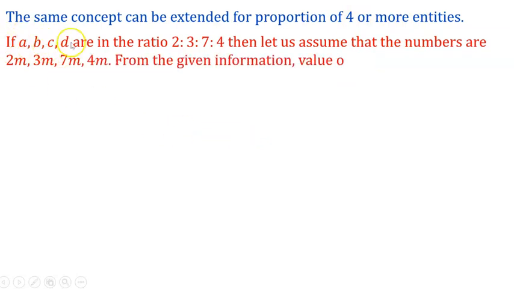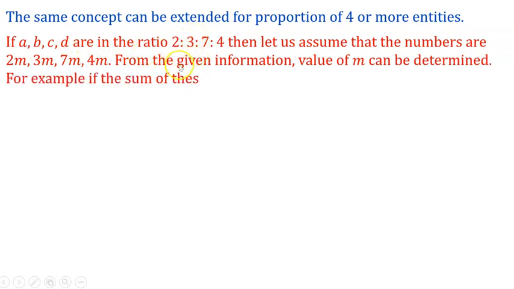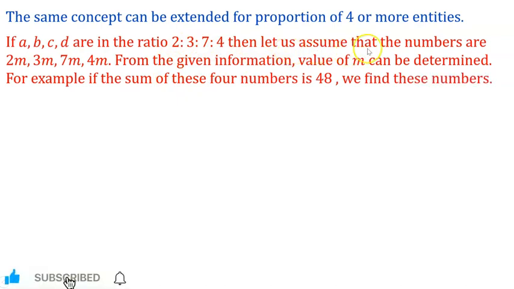Now next, the same concept can be extended for 4 or more entities. If A, B, C, D are in the ratio 2:3:7:4, then let us assume that the numbers are 2m, 3m, 7m, 4m. Here the common multiple is m. From the given information, the value of m can be determined.